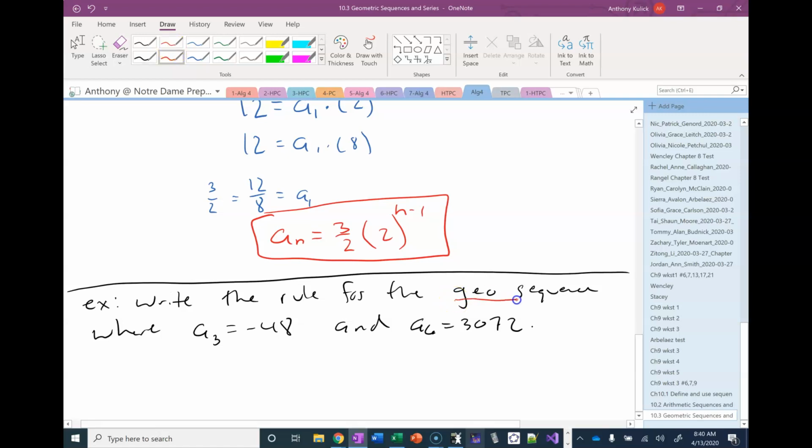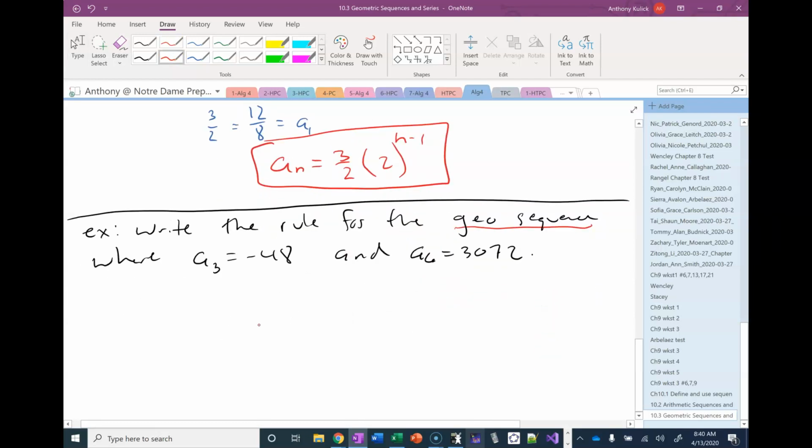Okay, so we know we're dealing with a geometric sequence. So the form of our rule is going to look like this.